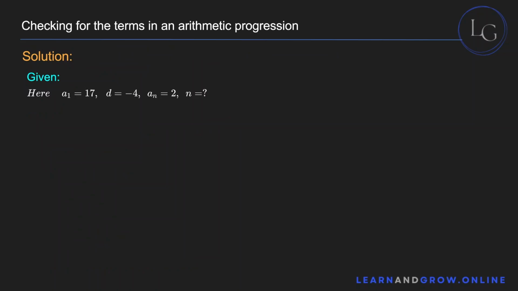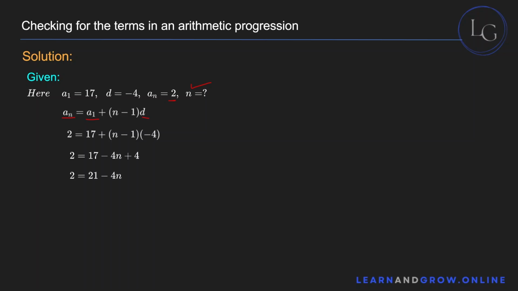So for the second one, where we have to find 2, an is equal to 2, d is the same minus 4, and a1 is also the same 17, and we have to find the value of n and check to see if it is an integer or not. So we'll use the same formula, plug in a1, 17, an, which is 2, and d equal to minus 4, and we have to find the value of n.